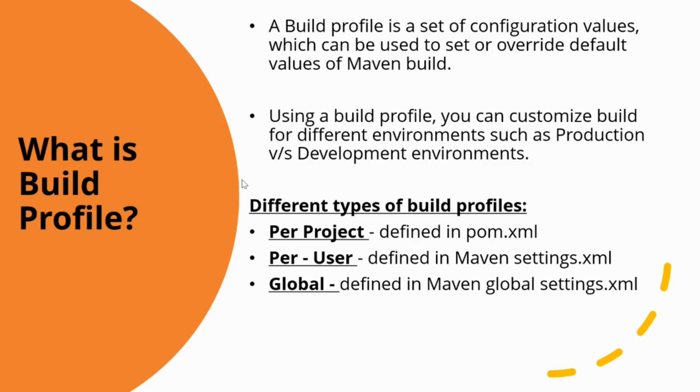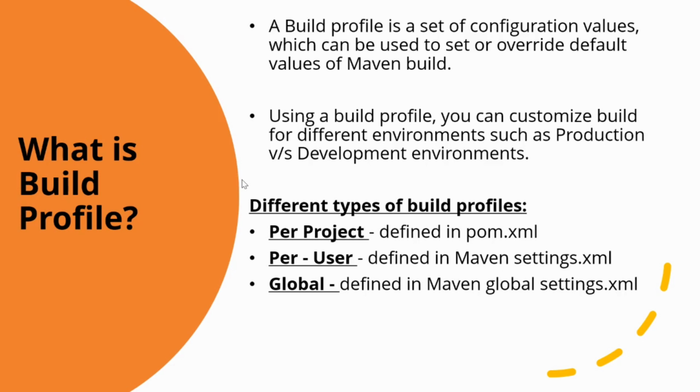When developers work on the development phase, they intend to use a database from the test instance, and for the production phase, the live database will be used. So in order to configure these instances, Maven provides the feature of build profiles. Any number of build profiles can be configured and can override any other settings in the pom.xml file.